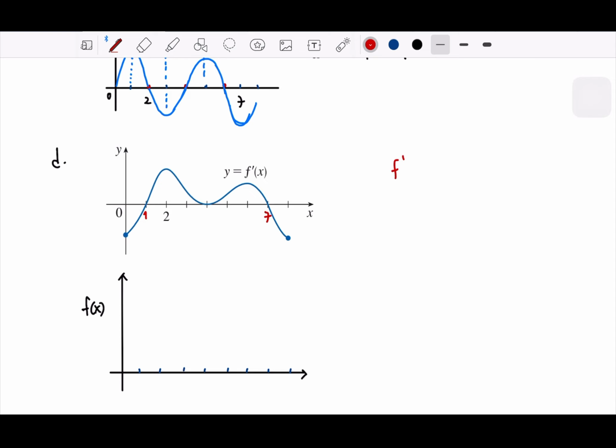So f prime of x equals 0 at x equals 1 and x equals 7. And since this is negative to positive, okay.